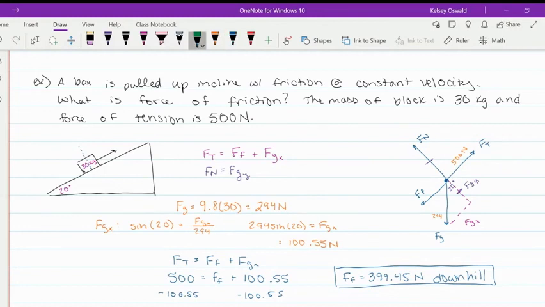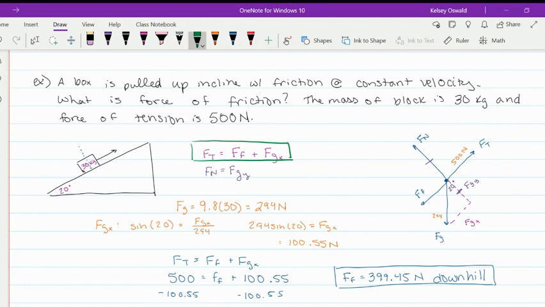Okay, so let's work through how we wanted to get that value. In order to find our force of friction, we wanted to use this relationship, that our force of tension going uphill is equal to our force of friction plus our force of gravity in the x direction downhill. So our first step is we need to find what our force of gravity in the x direction is.